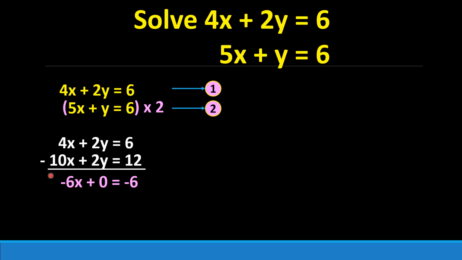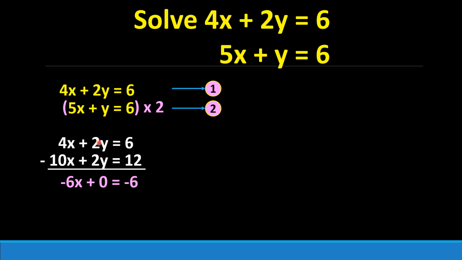So this sign can be either a plus sign or a minus sign. That is, either we can add these two equations or we can subtract these two equations based on the sign of the values that we have to eliminate. Here, both the values that we have to eliminate have got the positive signs.